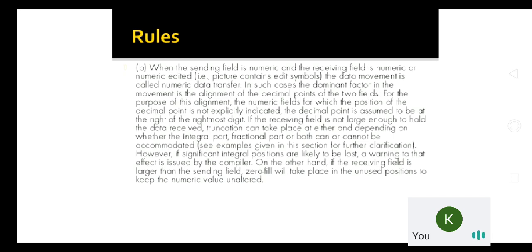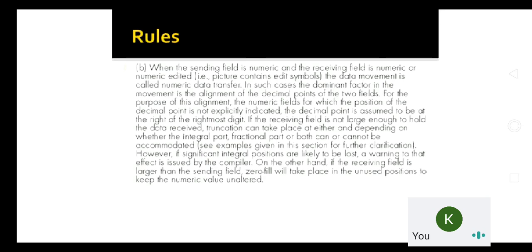Suppose the sending field has a 2-digit position, whereas the receiving field has a 4-digit position, what will happen? That's going to be the question over here. Depending upon the size of the sending field and receiving field, problems may occur, and depending upon that your compiler takes some actions like zero fill at right or zero fill at left, or else truncation may happen.